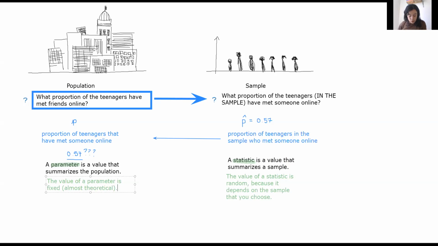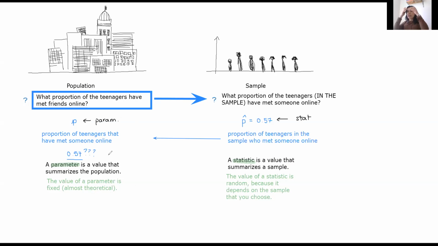Okay. So in this case, our statistic is the estimation for the proportion of the sample. So this is our statistic. And for the population, this is my parameter. And keep in mind that here, I have no way of knowing what the actual parameter is, right?